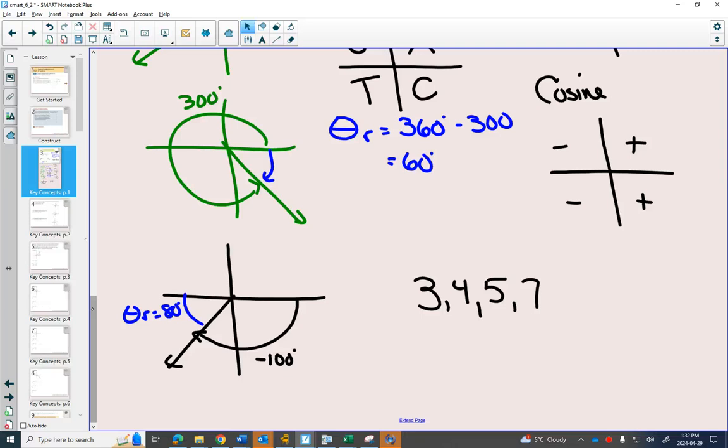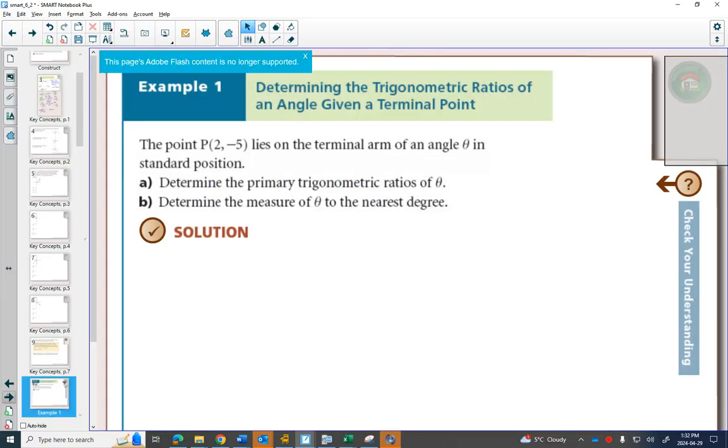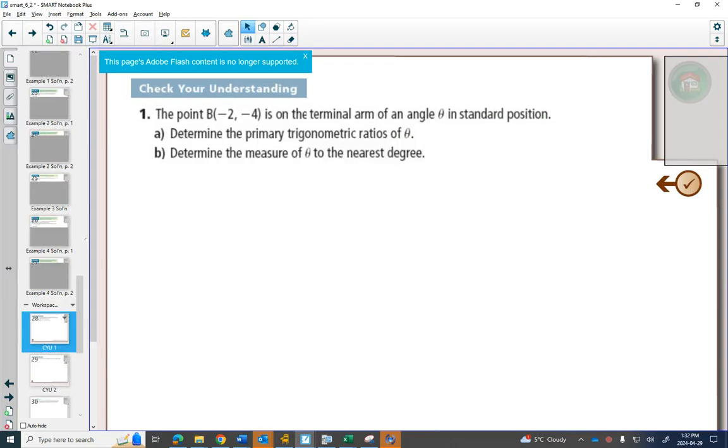And we will go to example 1. We have the point -2, -4 on the terminal arm of an angle in standard position. So -2 this way, -4, 1, 2, 3, 4.